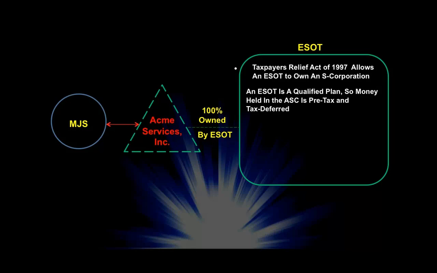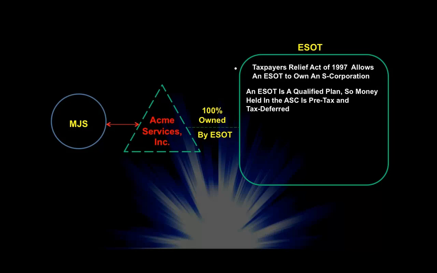So what is the net effect of this? If we have an ESOT as a shareholder of an S corporation, well, an S corporation is a pass-through entity, and because the ESOT is a qualified plan, it reports income just like any other taxpayer would, except it does not pay taxes.